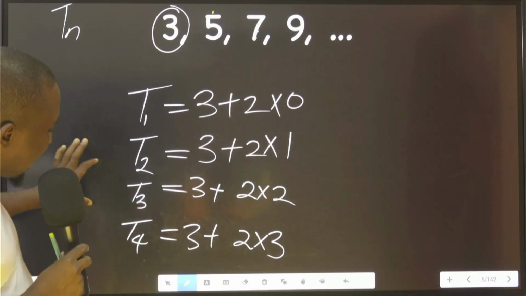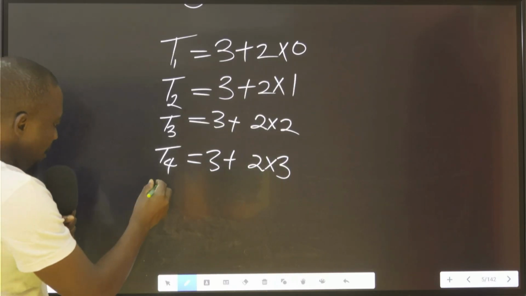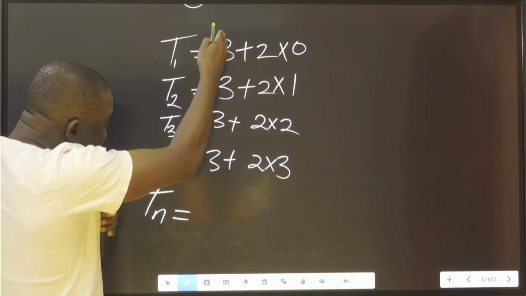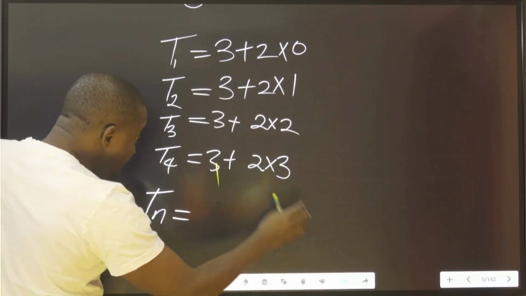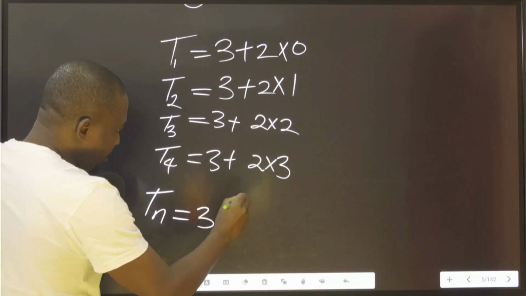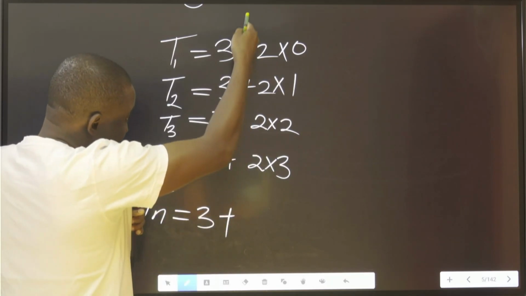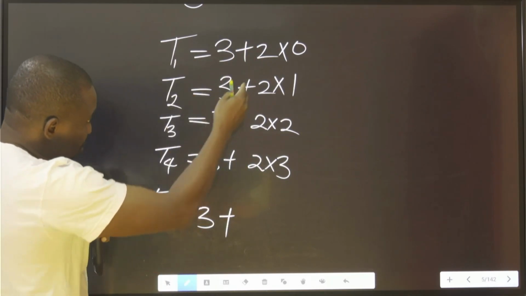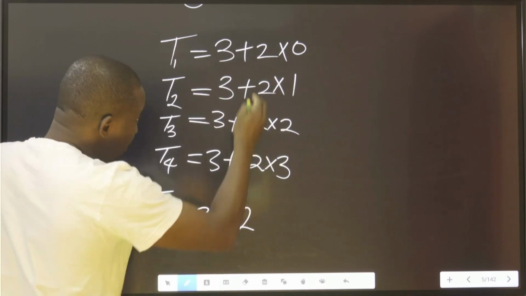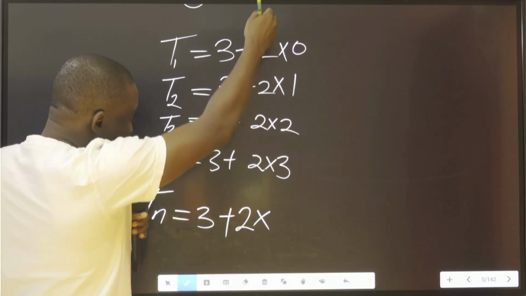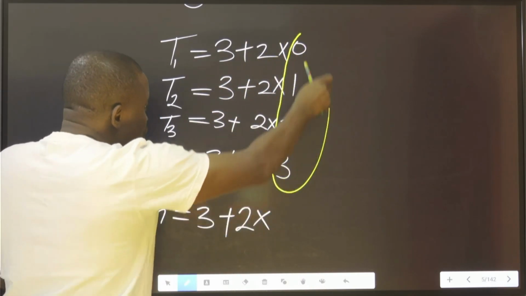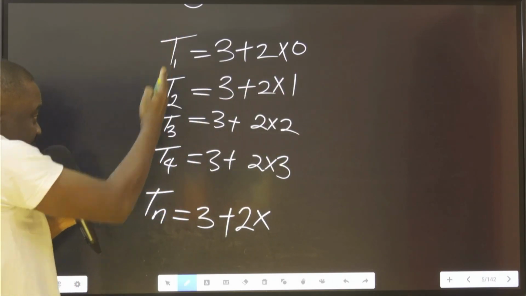A pattern. Now to get the nth term, we have to write whatever is common among all of them. All this, you can see, plus is all here. I put plus. 2, common. Multiply, common. This one keeps changing. Let's see if we can connect it to the term.